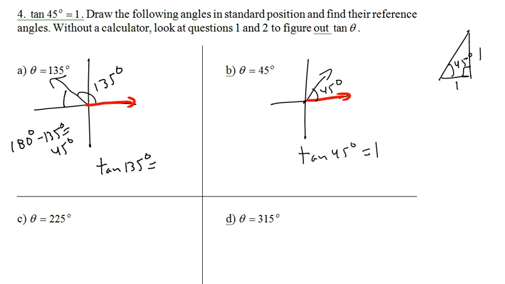The way we can figure that out is we go all students take calculus, and we see that in quadrant 2 only sine is positive because that's an S, which means that tan must be negative. So tan 135 must be negative 1 because it's the same as tan 45 except for whether or not it's positive or negative, because our reference angle, sorry, our reference angle alpha is 45 degrees.